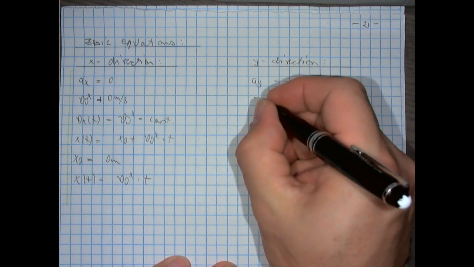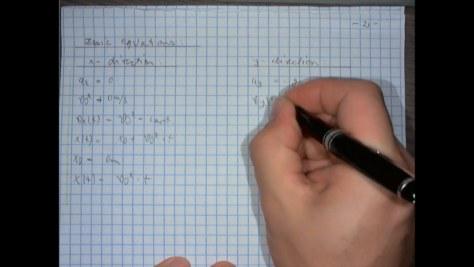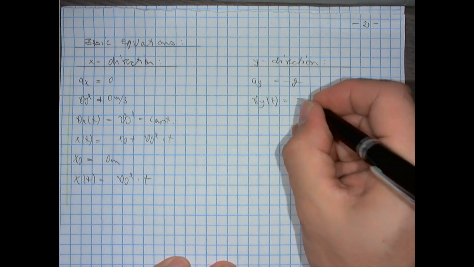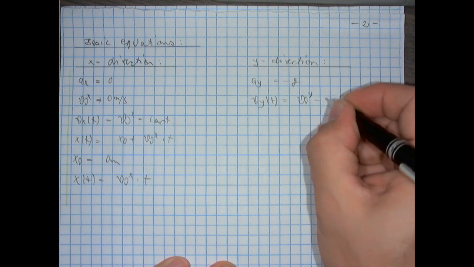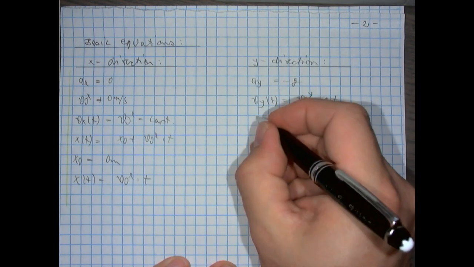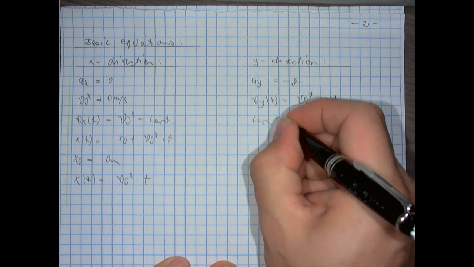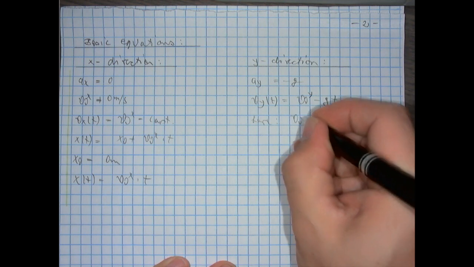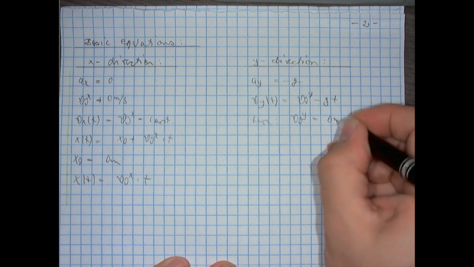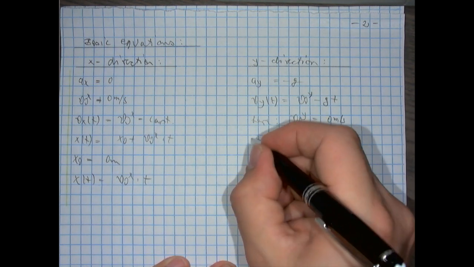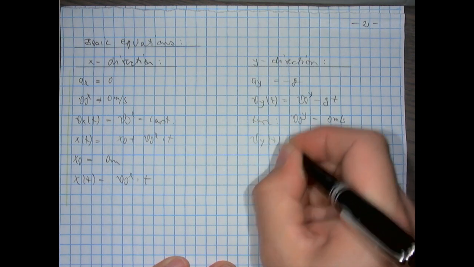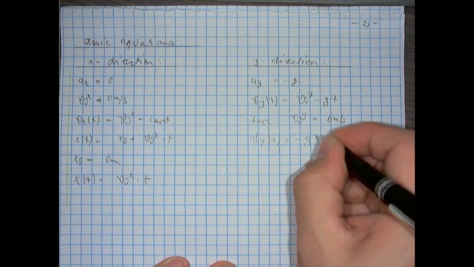In y, we have vy of t equals v0y minus gt in general, but here there's no initial velocity in y. So therefore we have vy of t equals minus gt.